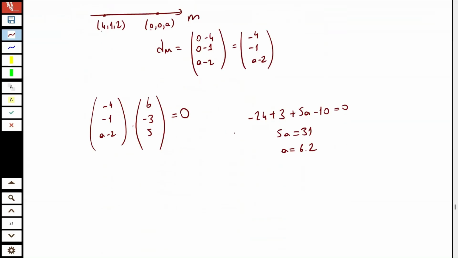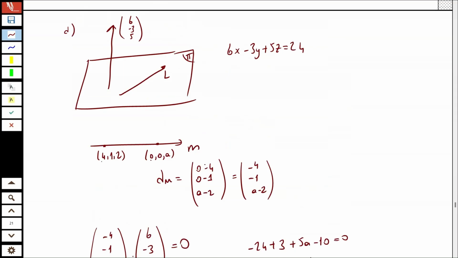So we can write the vector equation of the line m, because we found the direction of m also, which is minus 4, minus 1, and 4.2, because a minus 2.